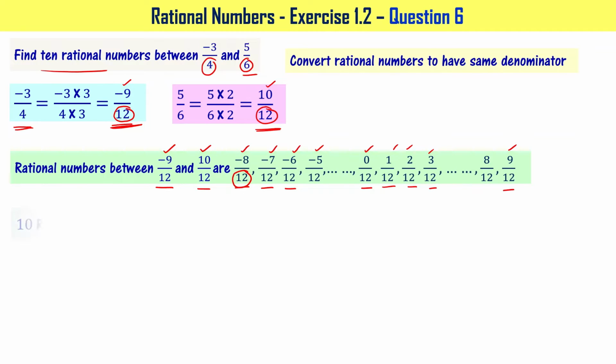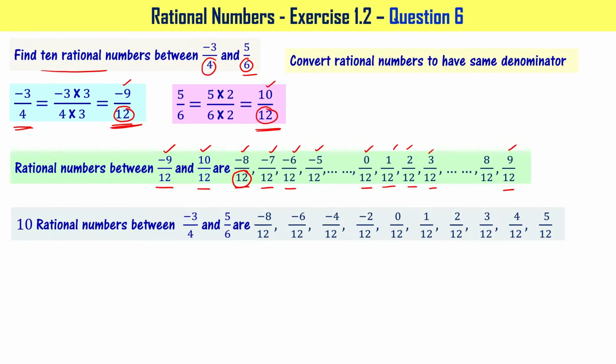Let me write 10 rational numbers now. Interestingly, I have picked minus 8 by 12, minus 6 by 12, minus 4 by 12, minus 2 by 12, 0 by 12, 1 by 12, 2 by 12, 3 by 12, 4 by 12, 5 by 12. These are 10 rational numbers, right? There is no specific pattern.